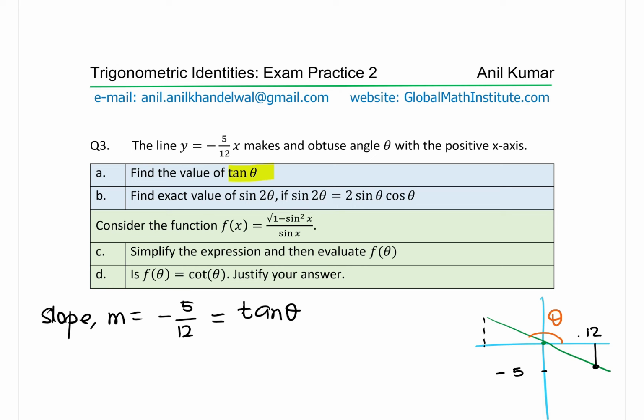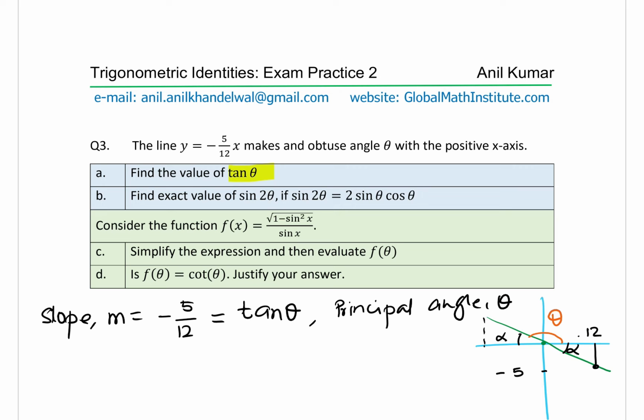So the principal angle is theta. Let's call this alpha, right? So the principal angle is theta. Does it make sense to you? Sometimes students are confused about how they are related.